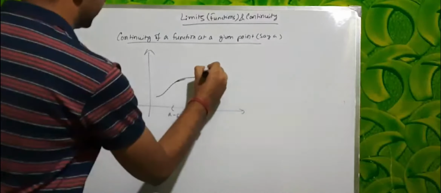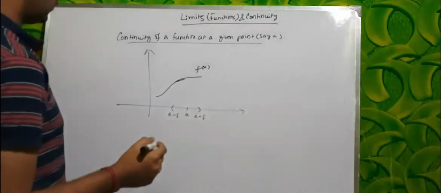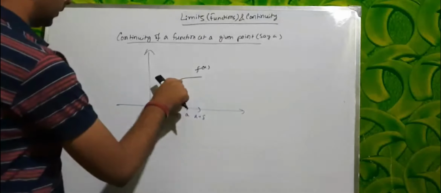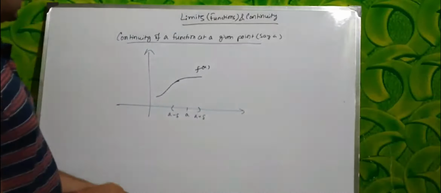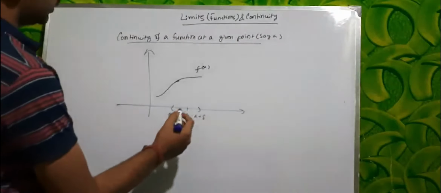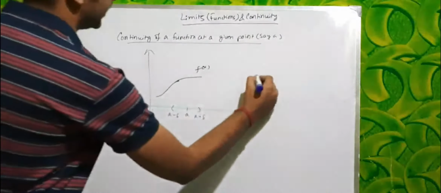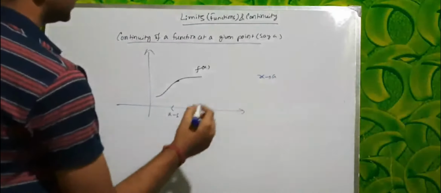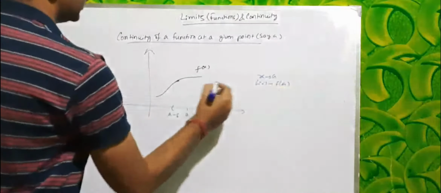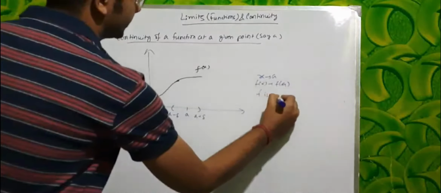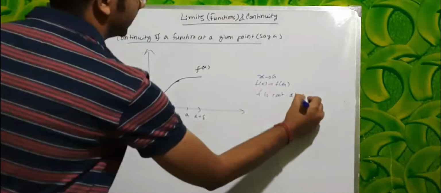Now what we mean by continuity of f(x) at point a is that when x tends to a, if f(x) tends to f(a), we say f is continuous at a.